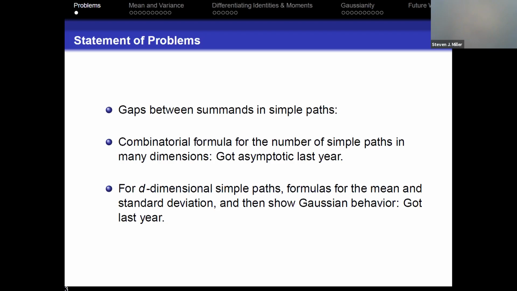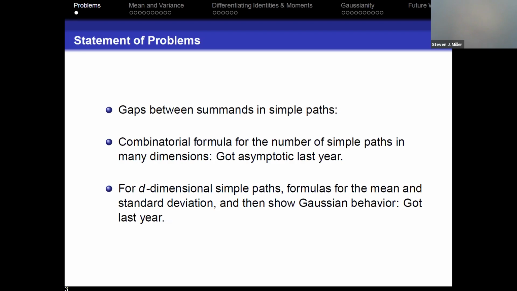We got that last year in the Eureka program, and then I continued working with this with some college students at Carnegie Mellon in the spring, and we were able to remove the simple assumption, and we can now work with compound paths. Again, we have an asymptotic formula for the number of paths, and we have formulas for the mean, the standard deviation, and the Gaussian behavior.